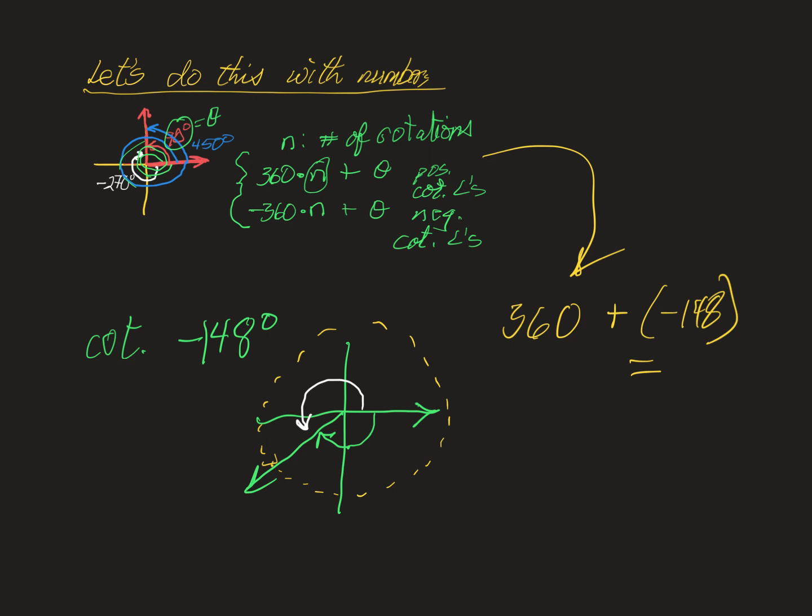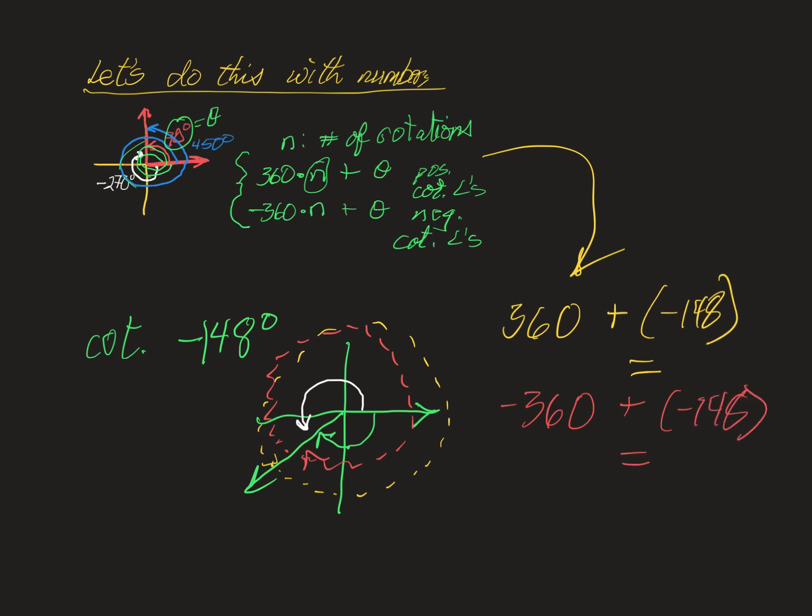And then if I wanted a negative angle that was coterminal, I'm starting here and I'm going to go another 360 degrees in the negative direction. So I'm taking a negative 360 plus the negative 148.